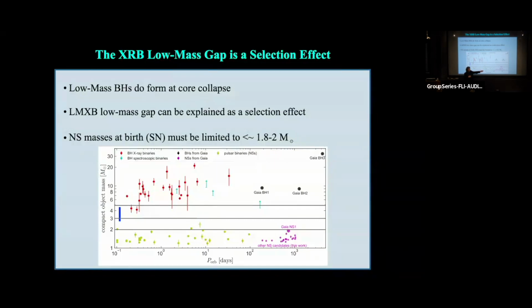The companions are all main sequence, or double white dwarfs, which may be triples, and that's a whole other story. So yes, I would like to, of course, go down that direction. We haven't done it. You can see some neutron stars here above the 2 solar mass line, and they're all millisecond pulsars.